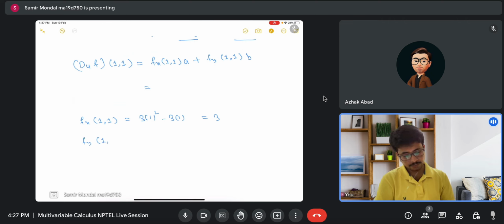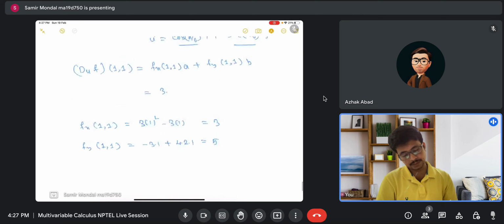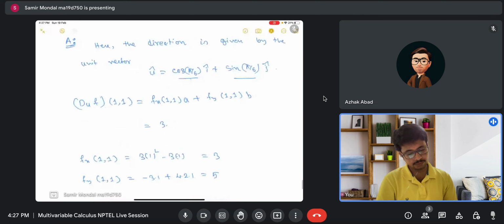For y, f_y is minus 3x plus 4 into 2 into y, which means 8 minus 3, that is 5. So what we are getting: 3 into cos pi by 6, which is root 3 by 2, plus 5, and b is half. So this is your answer. It's fine.